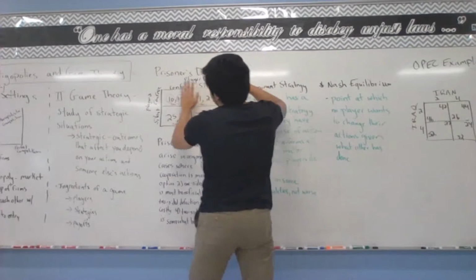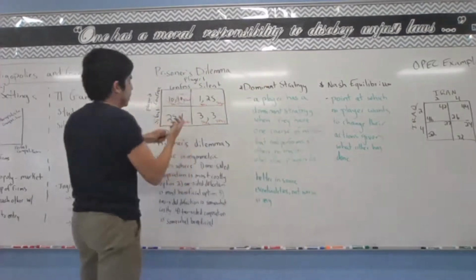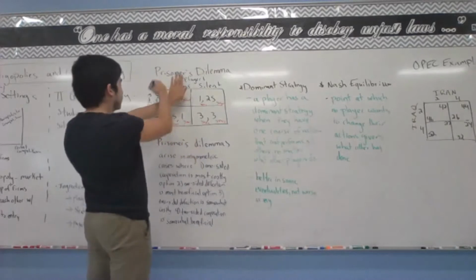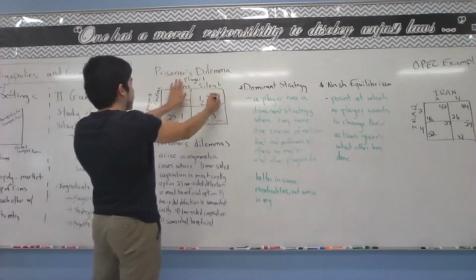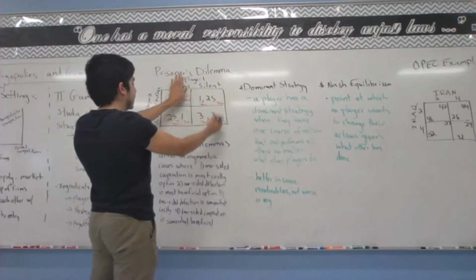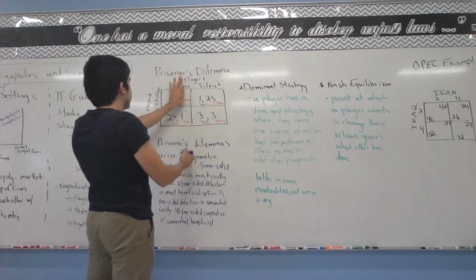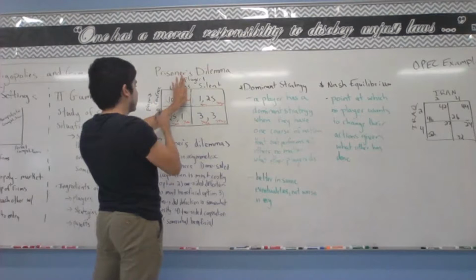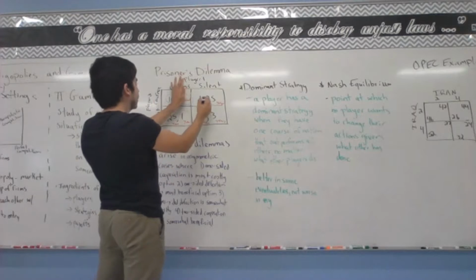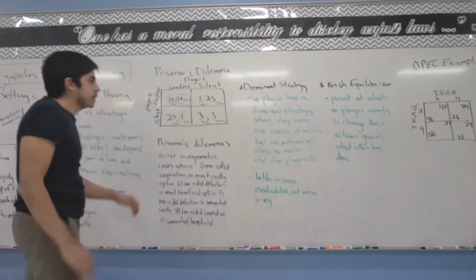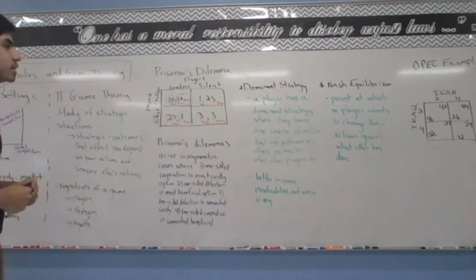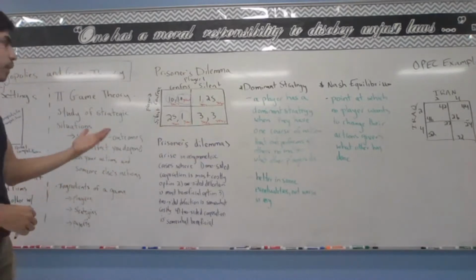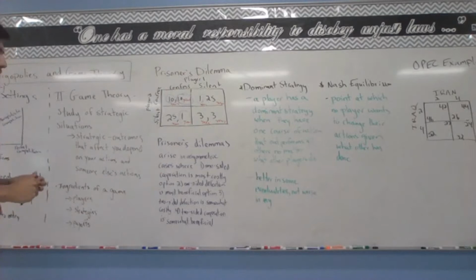We can put a hand in front of confess and try to find the best response for player number two, assuming player number one is playing the silent strategy. Well, then the best response for player number two is to confess as well, right? And so we have a situation in which both players have a dominant strategy.